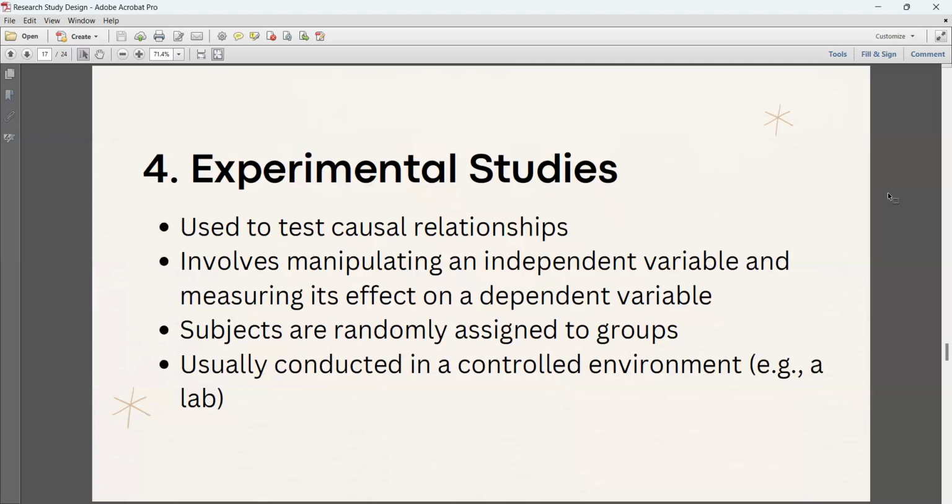Say we want to test a treatment drug on cancer patients. And now we administer these drugs, say drug A and drug B. One of these drugs is usually used to do a comparison. So suppose we administer these drugs. We are trying to manipulate an independent variable.